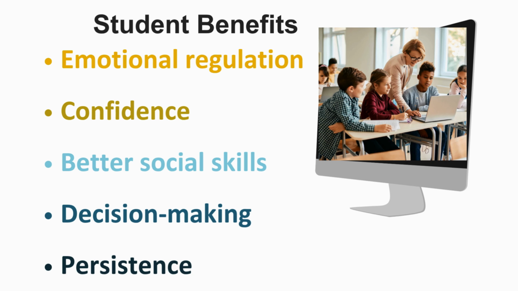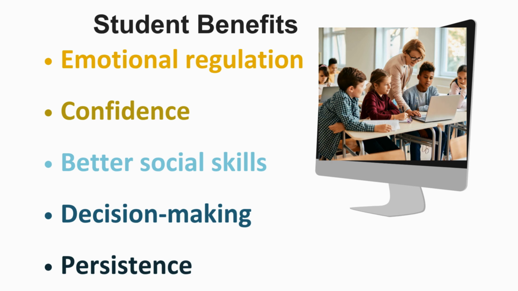They have more confidence because they understand, hey, I might not be a mathematician, but I'm great at English. Or I might not understand parts of speech, but I can multiply and divide, because I understand my strengths and weaknesses, so I have more confidence. Better social skills. When you're self-aware, you are able to interact with people on a more authentic and real level.